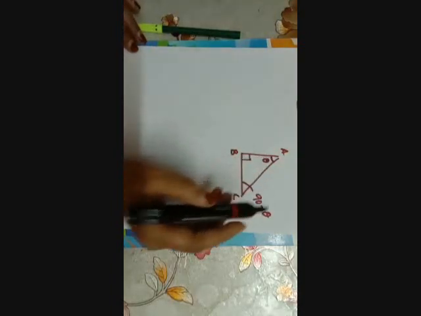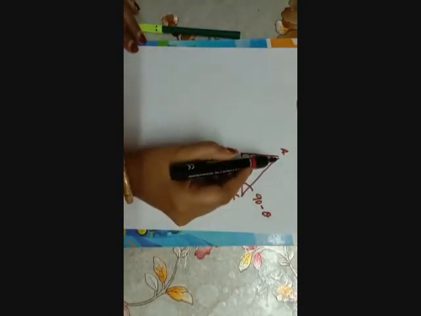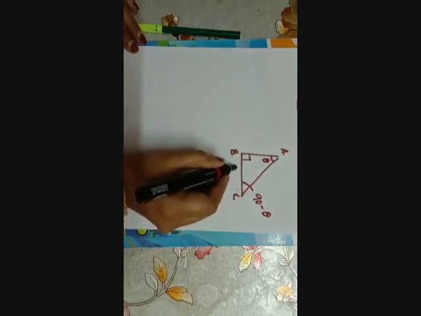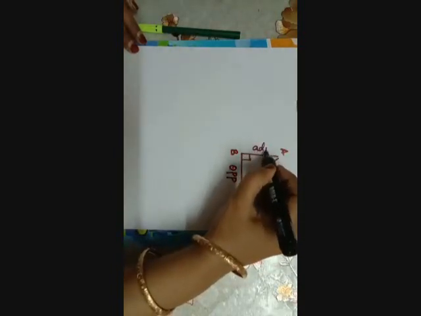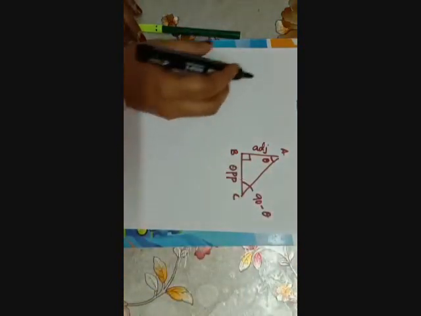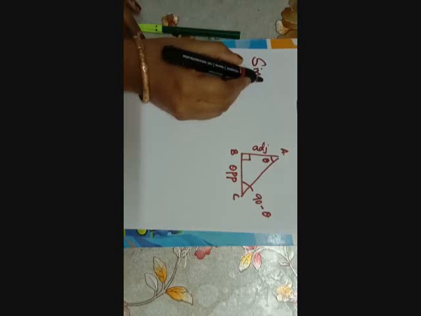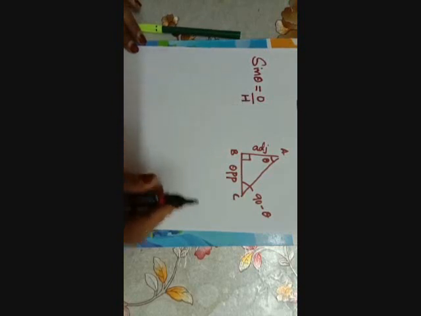When I consider angle A, the side opposite to theta is BC. I am writing here opposite. And the side adjacent to theta is AB. I am writing adjacent. When I consider theta, sine theta is O by H, hope you all remember.